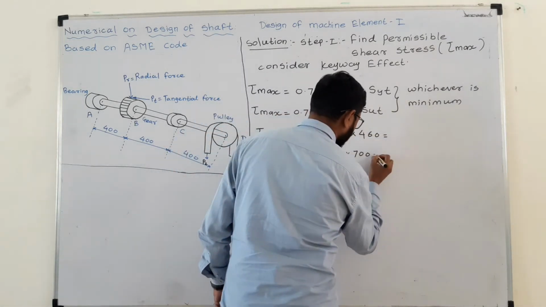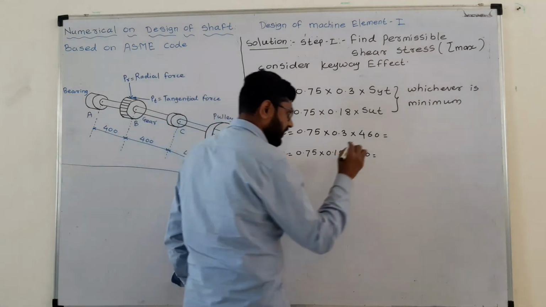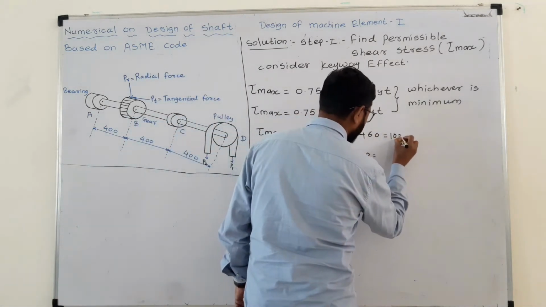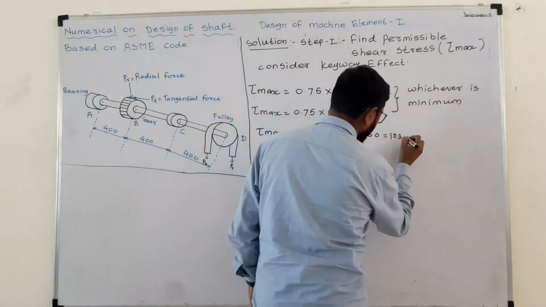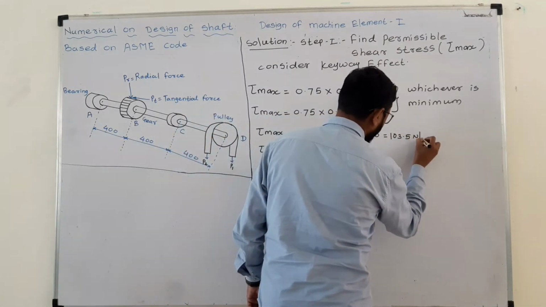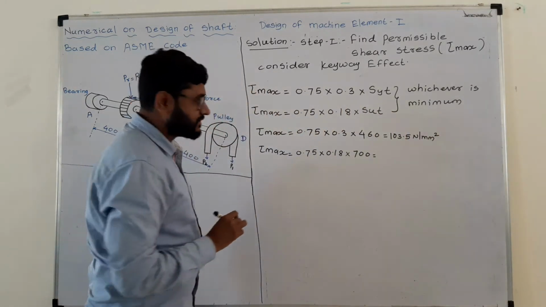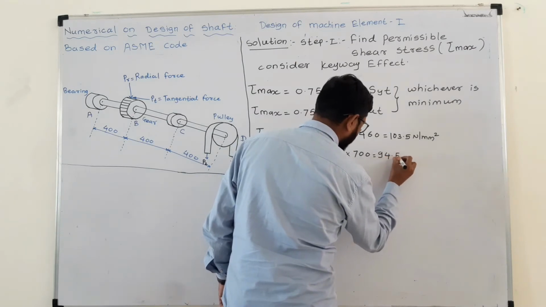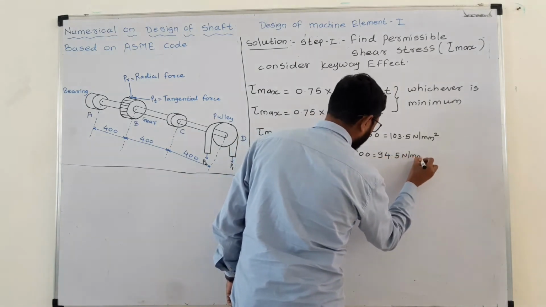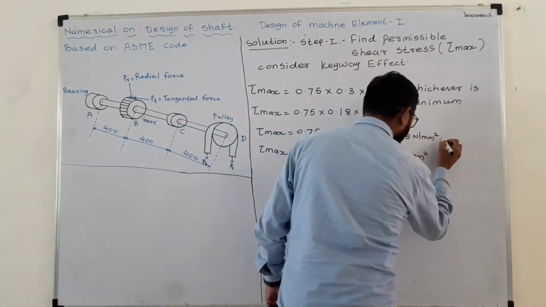So by calculation we get tau max first value as 103.5 Newton per mm square, and the second answer is 94.5 Newton per mm square.